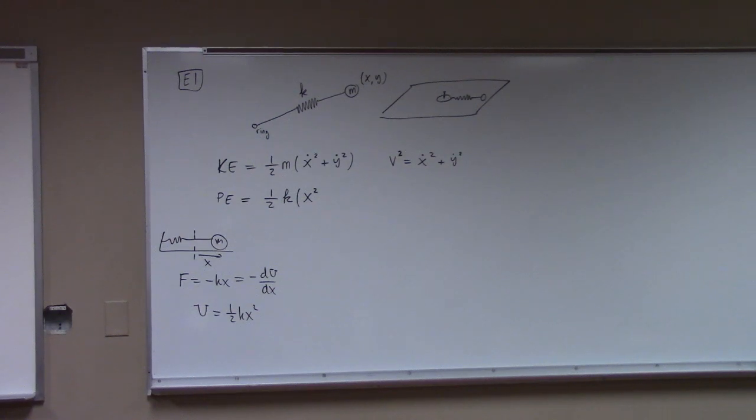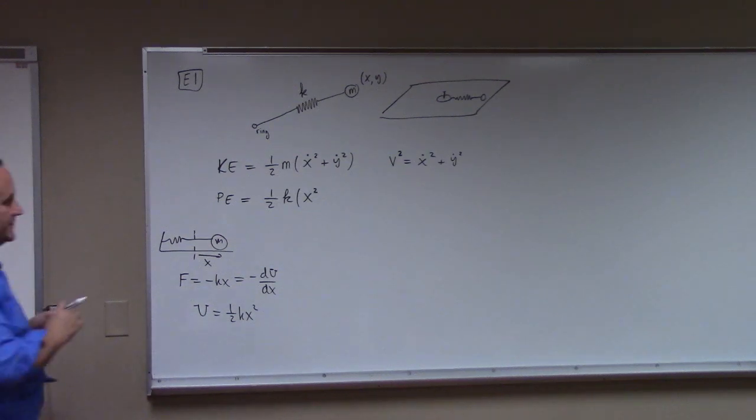So if your spring is not confined to just the x dimension, if it can stretch out in the x and y direction, what would the formula be to put here? Yeah, x squared plus y squared should be what we put here.